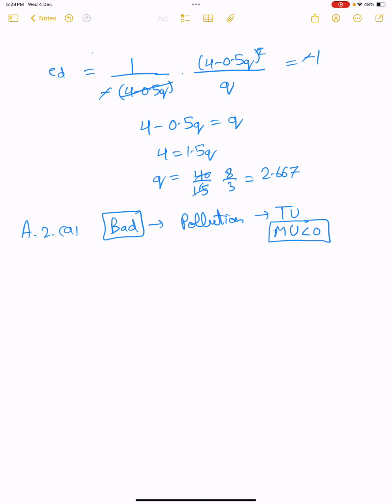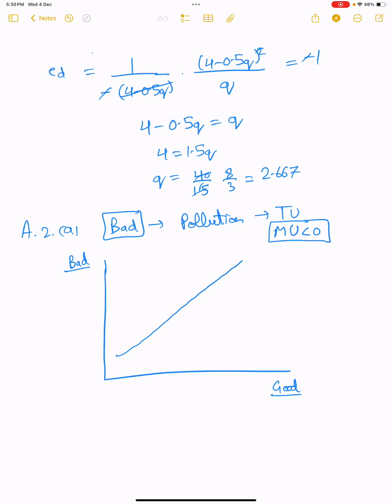Now the indifference curve shows the combinations of the two goods which lead to the same level of satisfaction. Suppose this is bad, this is good. Since this is good and this is bad, if we increase the consumption of good, then we need to increase the consumption of bad as well to remain on the same indifference curve.